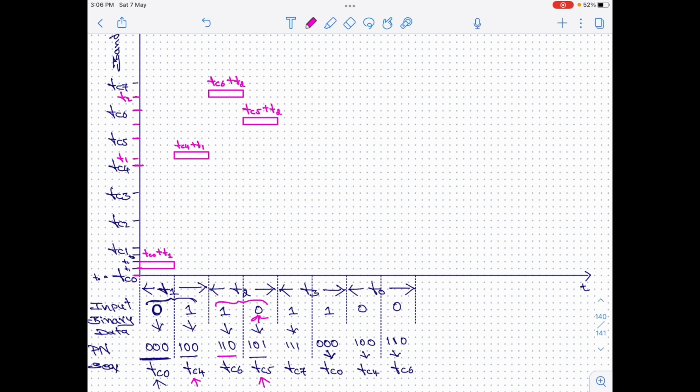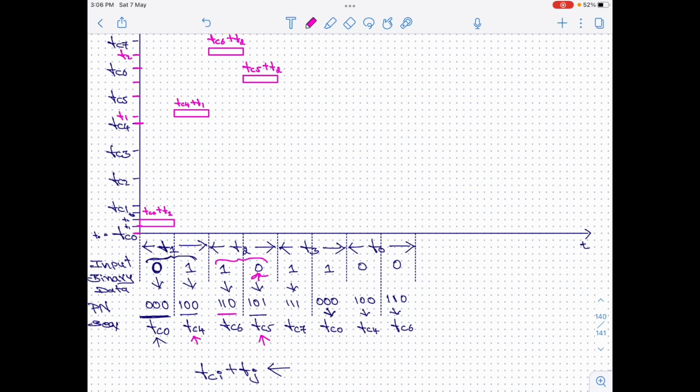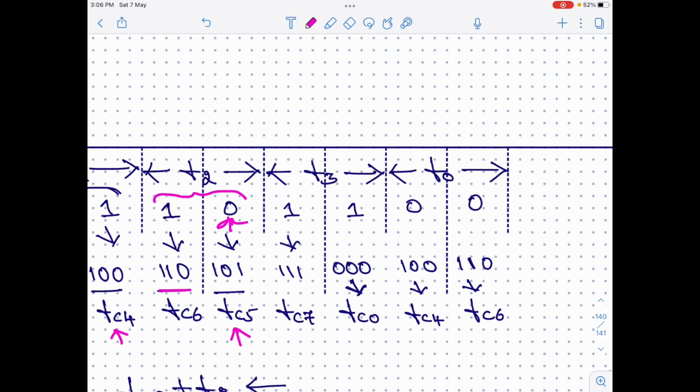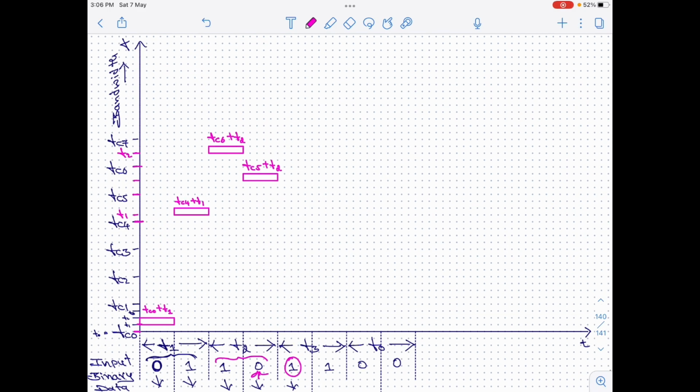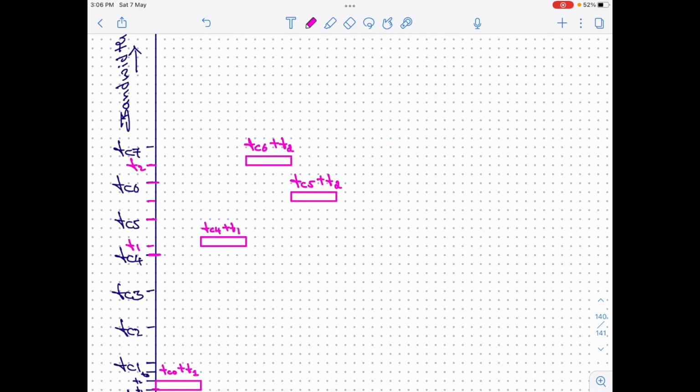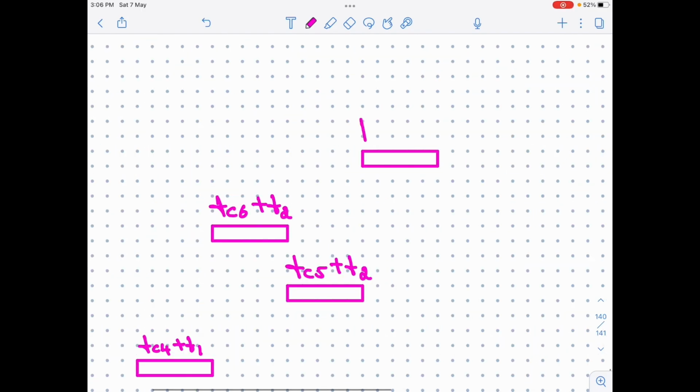However, for the first bit interval here, we have the PN sequence segment equal to 111. 111 represents FC7. So, the transmitted carrier frequency for this one is FC7 plus F3. Let us go to this point. This is FC7, this is F3. So, I will have to now draw a box at this point.